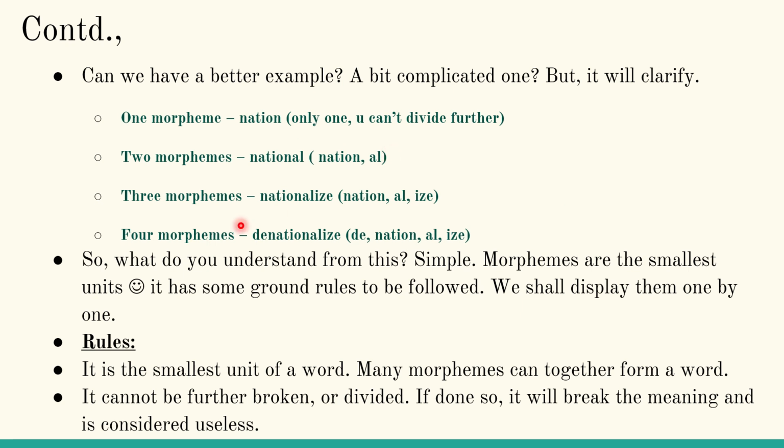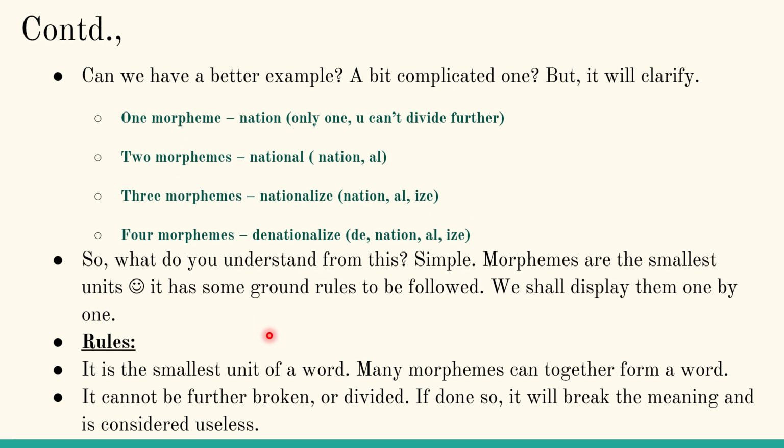This is two morphemes. Now three morphemes: nationalize, which is nation, al, ize. These are three independent morphemes connected together to get the word nationalize. Now four morphemes: denationalize, de, nation, al, ize. We started with one morpheme, went to two, then constructed three, and finally four.